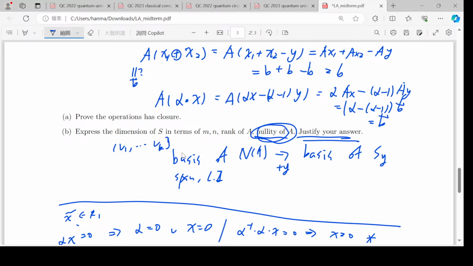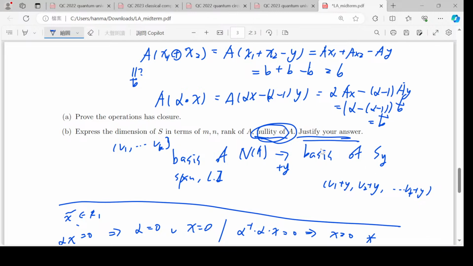So some basis V1 to Vk, and then you can map to V1 plus y, V2 plus y, up to Vk plus y. And so if you are really careful, you say that if this is linearly independent, then this is linearly independent. You also need to show that this spans everything and this spans everything.